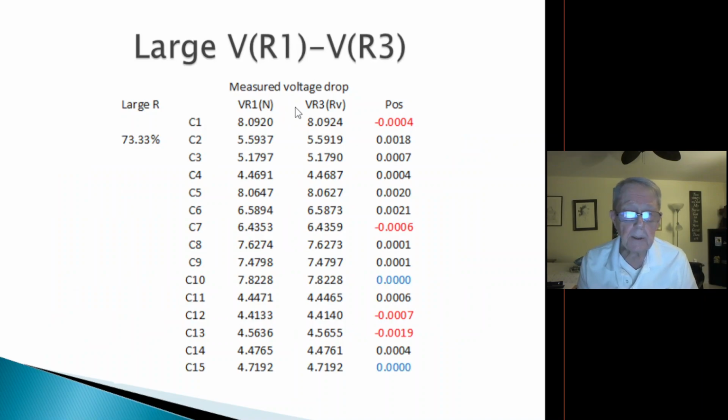Looking at the large resistor, I measured the voltage when it was in the first position and the third. It should be smaller here, because you get loss around the circuit, so I'm looking for a positive answer. For 15 different circuits, these are the voltage measurements in the first position and this is the voltage measurement in the third.